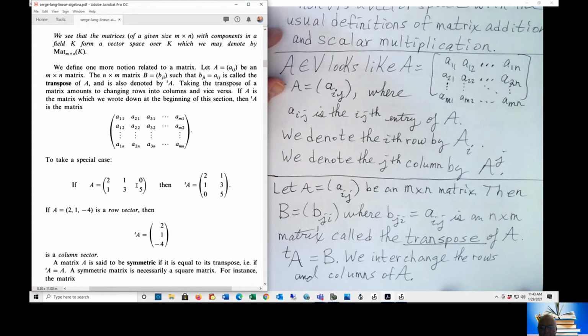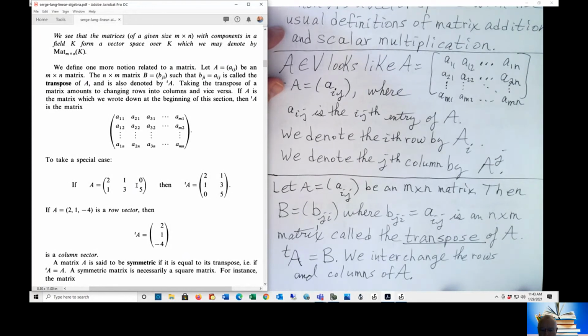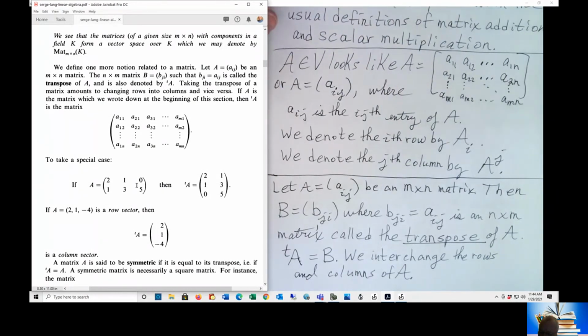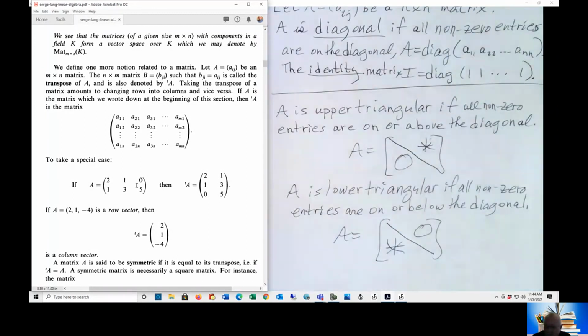Then the matrix B, whose entries are B_ji, where B_ji equals A_ij, is an n by m matrix called the transpose of A. So the transpose of A equals B. The transpose of a matrix is where we simply interchange the rows and columns of the matrix. We just swap them out.